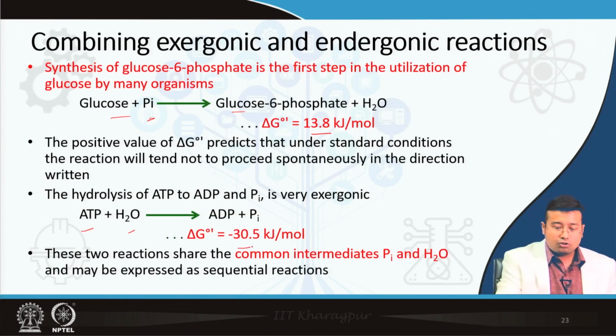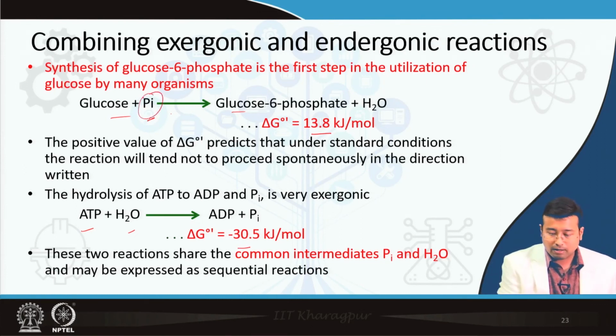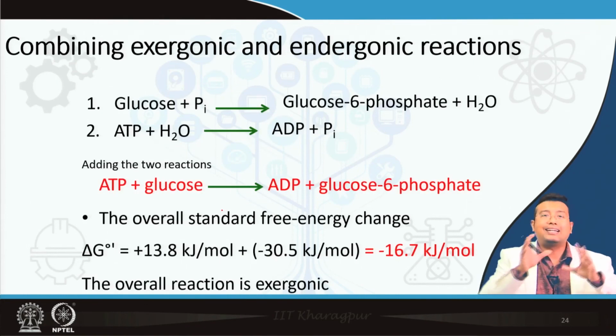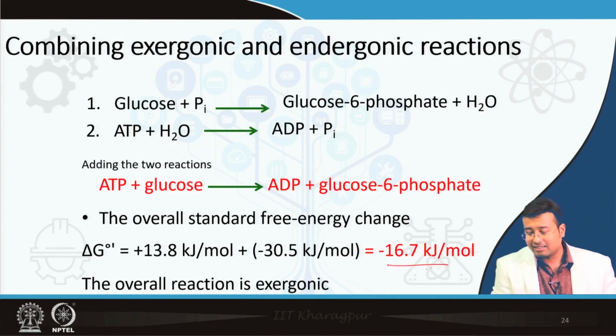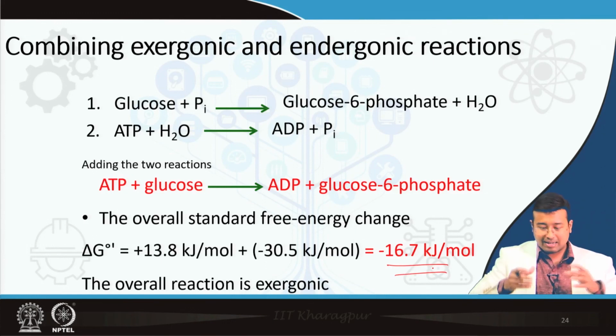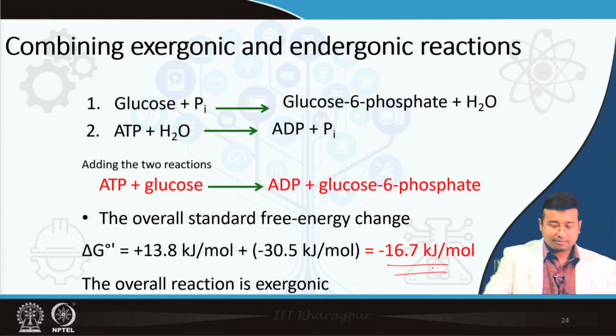Since these two reactions have a common intermediate, that is inorganic phosphate, they can easily be combined, and now the beauty of the laws of thermodynamics is this: the resultant free energy change is negative, the reaction is exergonic, and now we can easily go forward with the reaction.